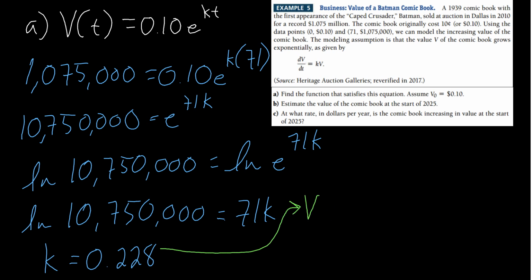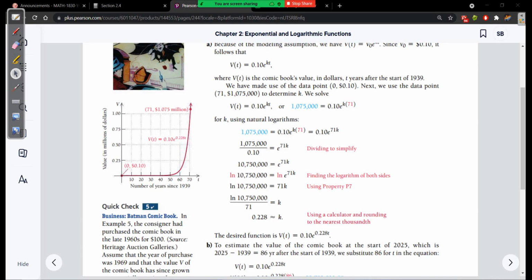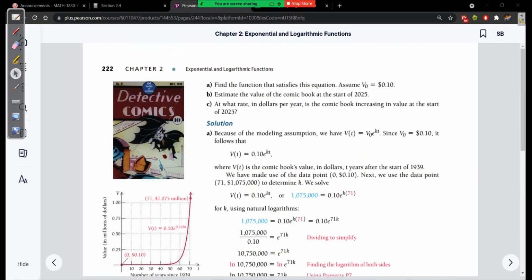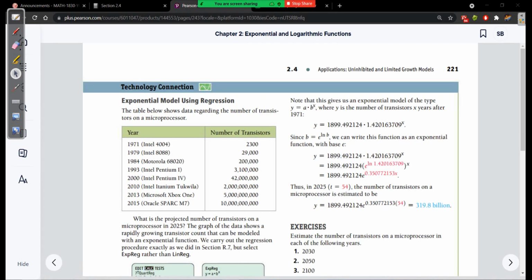So v of t is equal to 0.1, we're just going to put 0.1 instead of 10 for space, e to the 0.228t. Okay, so that's officially my equation. That officially is the function that satisfies that equation. So now we get to go to b, and hopefully b is not as bad.